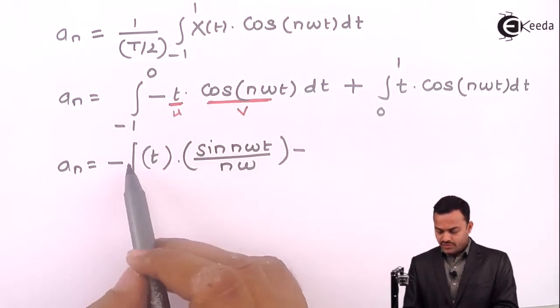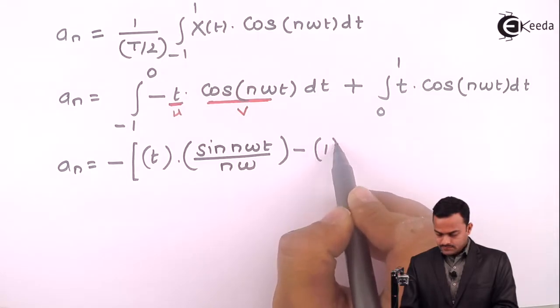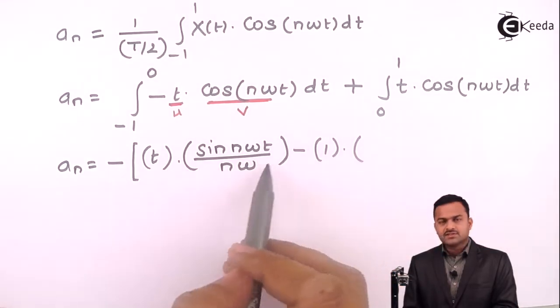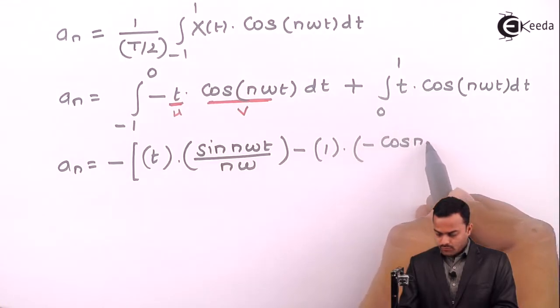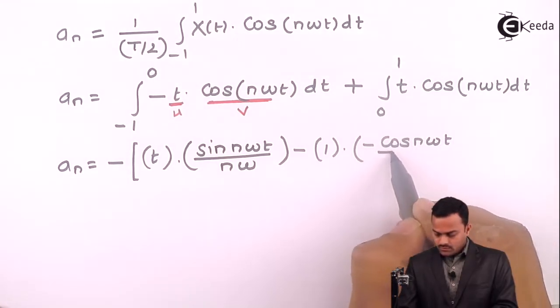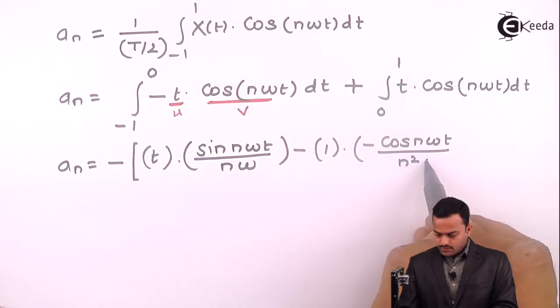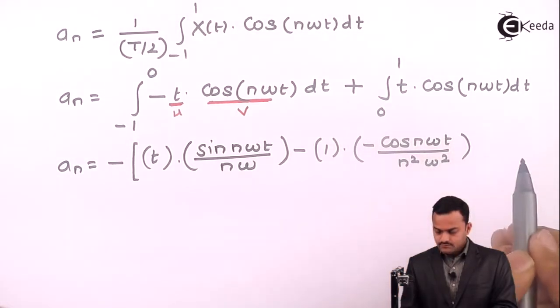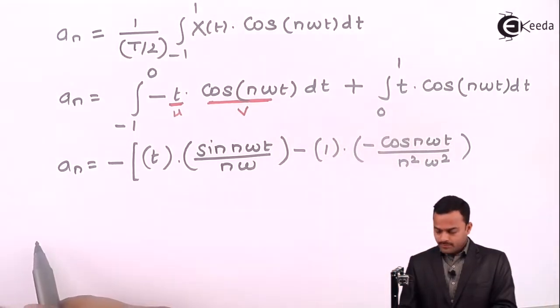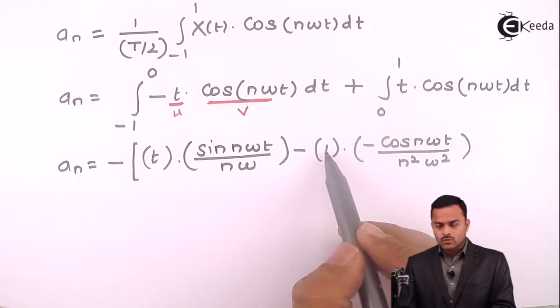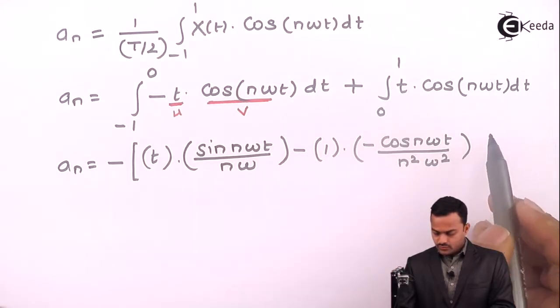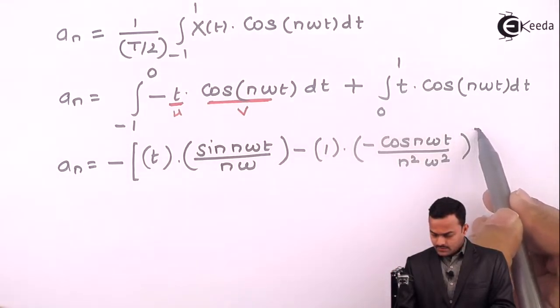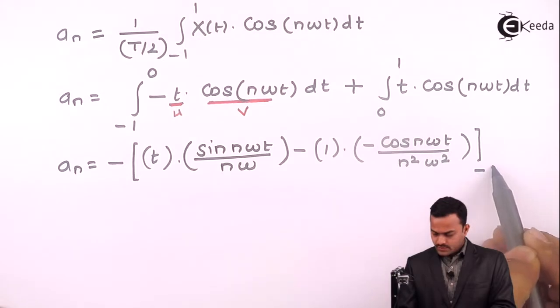So differentiation of t will be 1 and integration of this term will be minus cos n omega t upon n square omega square. Further we can stop because derivative of 1 is 0. So henceforth all the terms will be 0. So this much we have to do with the limits minus 1 to 0.